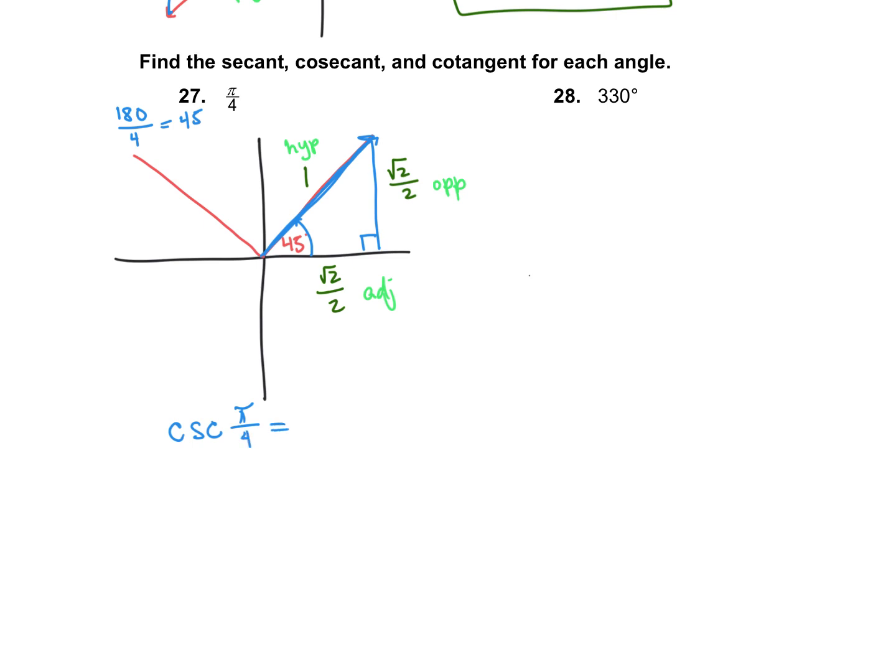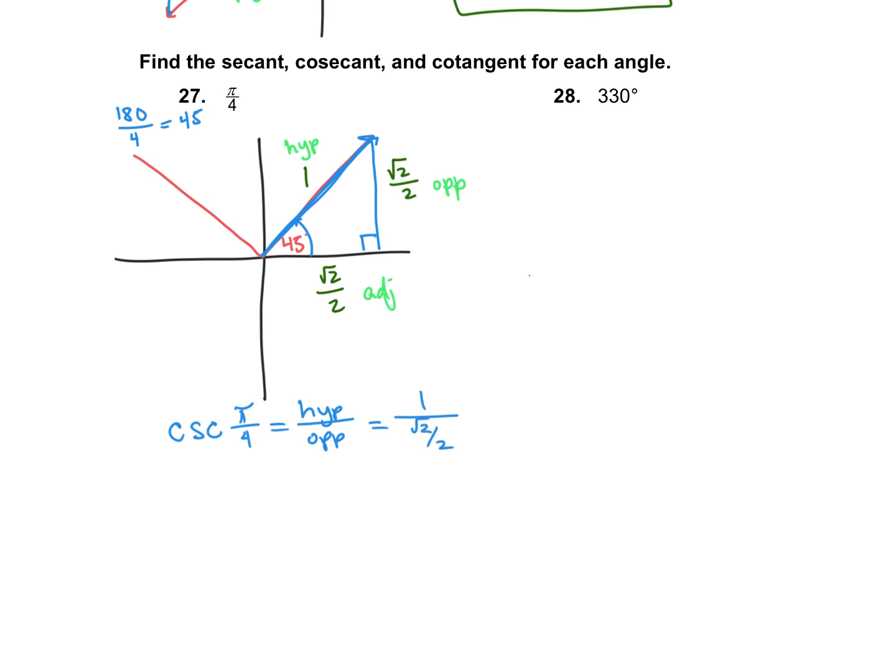Cosecant is the reciprocal function for sine. So sine and cosecant go together. So if sine is opposite over hypotenuse, cosecant is hypotenuse over the opposite side. Now our hypotenuse is 1 and the opposite is root 2 over 2.